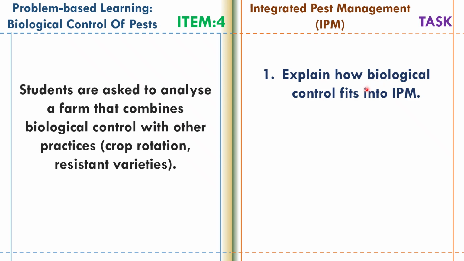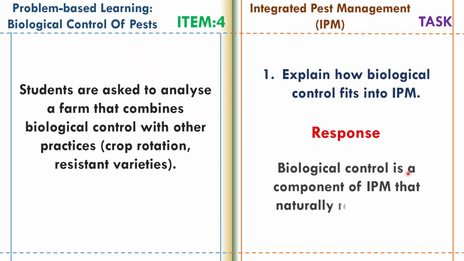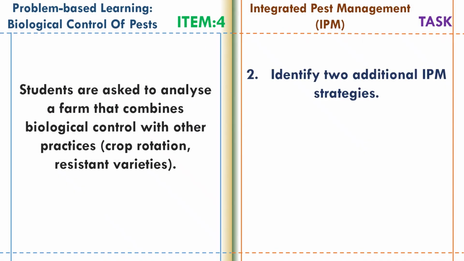Explain how biological control fits into integrated pest management. Biological control is a component of IPM that naturally reduces pest populations. Identify 2 additional IPM strategies.